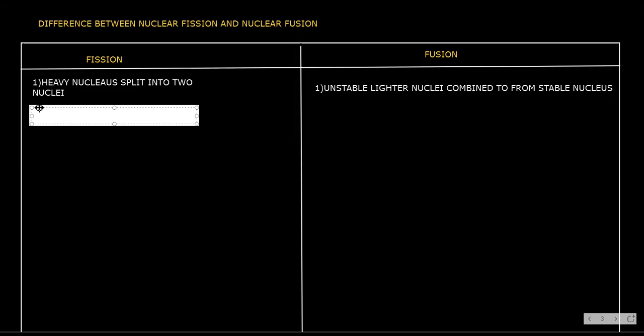Next point, in fission, neutrons are required.